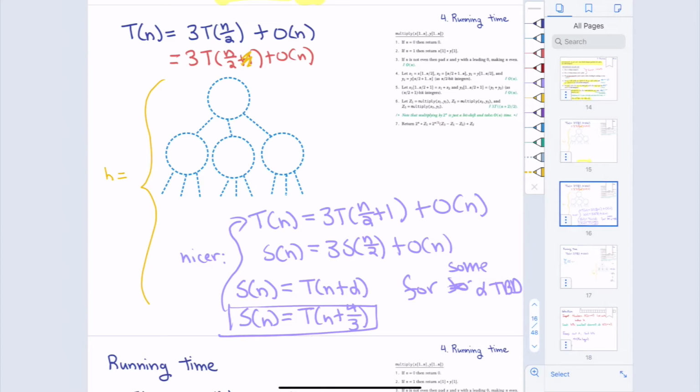As far as I can tell, this detail had not actually come up in any other algorithm we've done before, partly because in merge sort we can just assume it's a power of 2 by a different trick. I think the right moral way to look at it, though, is that we're really concerned with T of n when n is really big, and we're interested in the asymptotic rates of growth in n.